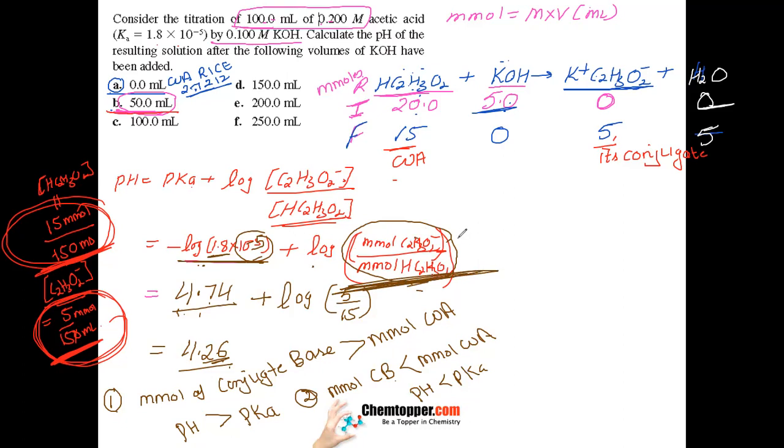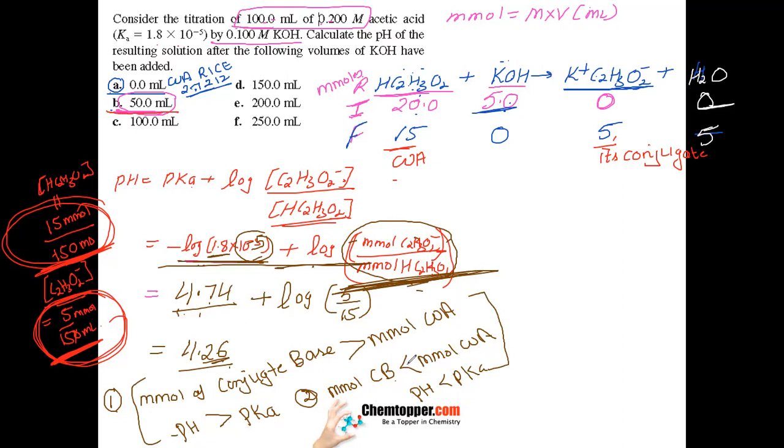Logarithm of less than 1 is negative, so this plus will become minus and your answer will be less than pKa. Are we clear about it? So please write down these two lines in your notes. If you write them down, you can answer many multiple choice questions on buffers very fast if you understand and practice it.